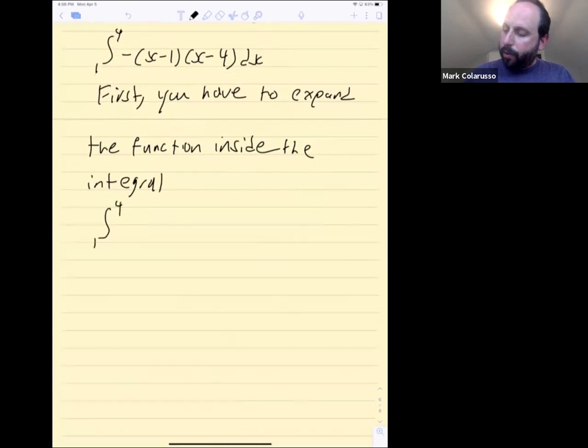So you get the integral from 1 to 4, and I'll watch my parentheses here, so I'll do the minus last: x squared minus 5x plus 4 dx.